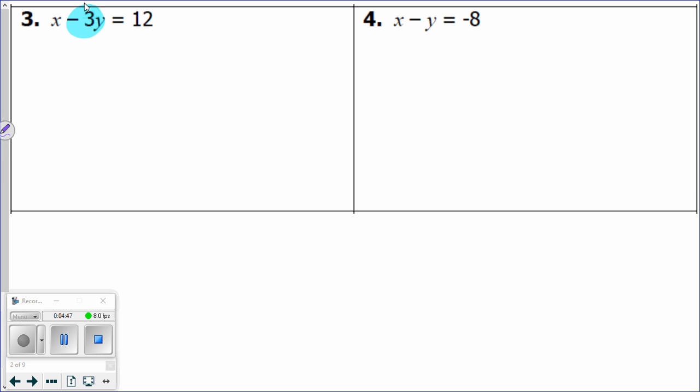So I want to move this x, and it's a positive, so the opposite is to subtract x. Whatever we do to one side, we have to do to the other. Bring down your negative 3y equals, then my x has to come first, then my plus b, plus 12.